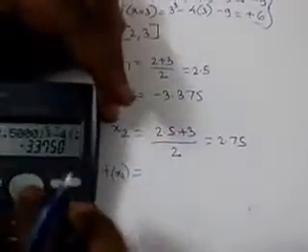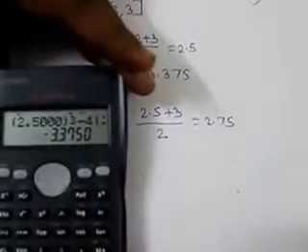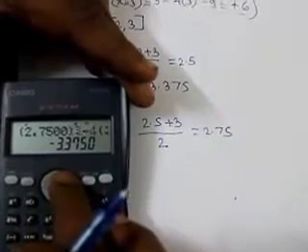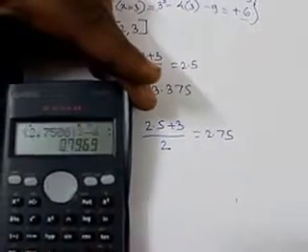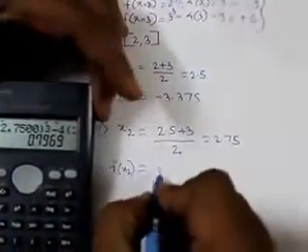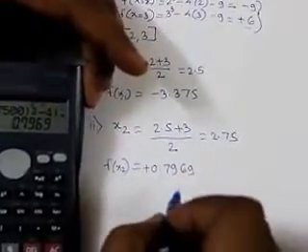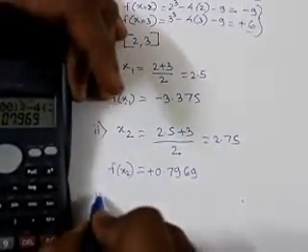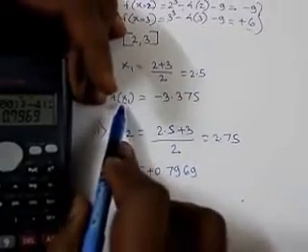As you can see on the calculator, I'm just going to change these two digits, nothing else. It's 0.7969, a positive value. So our root is going to lie between x2 and x1.